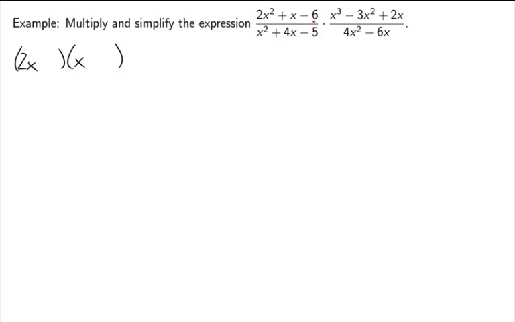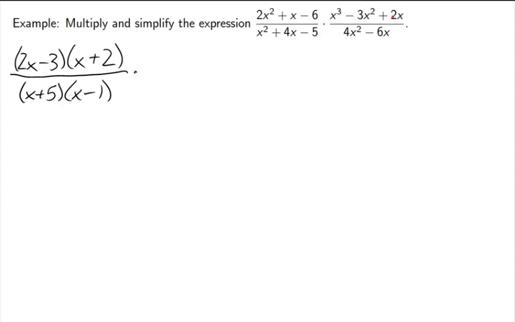Alright, so what multiplies to -12 and adds to 1? Well, that's got to be 4 and -3. So I put in a 2 to get a 4 and a -3 to get what I need. And you'll notice that these multiply to -6 also. So that's the numerator. The denominator is easy. This is x plus 5 times x minus 1.